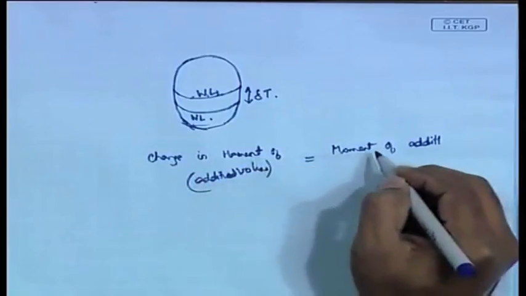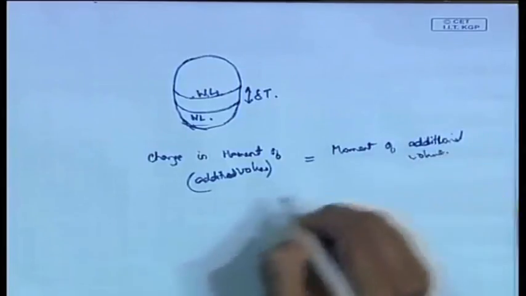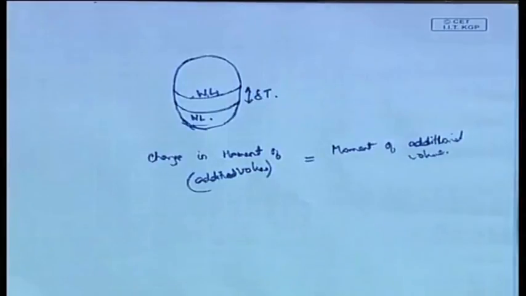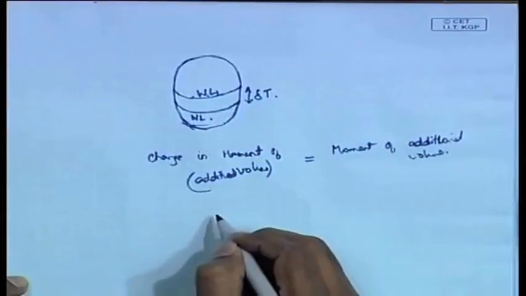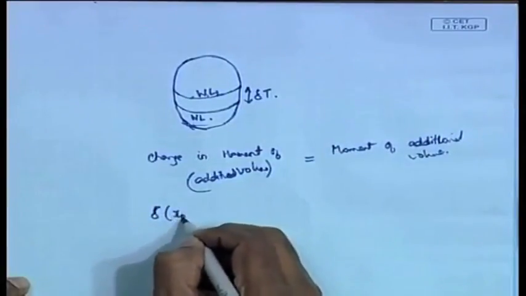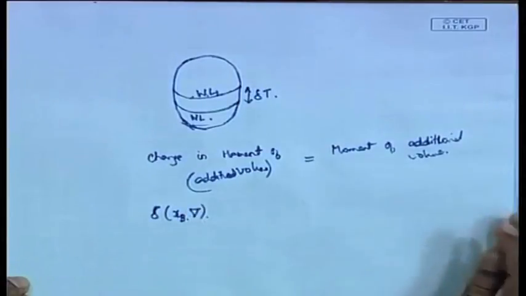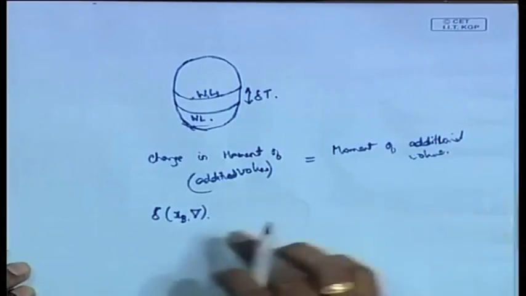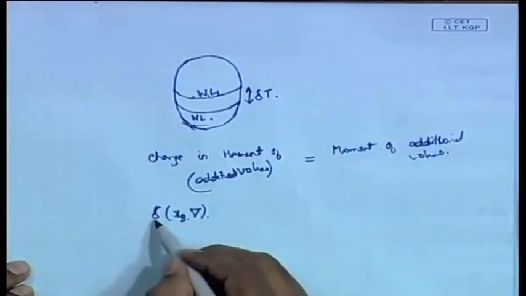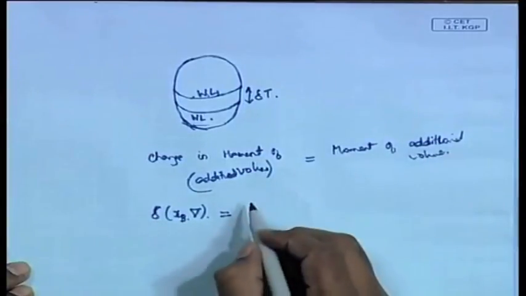Change in moment is equal to the moment of additional volume. So, the change in moment, okay, let us take the initial volume, and the change in the moment is given by delta of x b, where x b is the center of buoyancy, into del. This represents the change in the moment of the additional volume. So, the change in the moment of volume, this delta represents the change in the moment of volume, is equal to the moment of the additional volume.